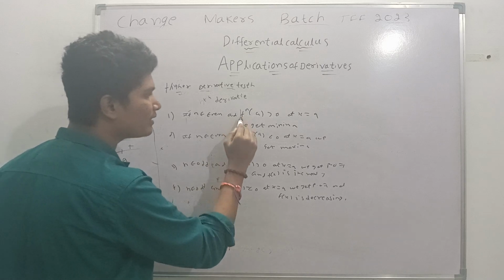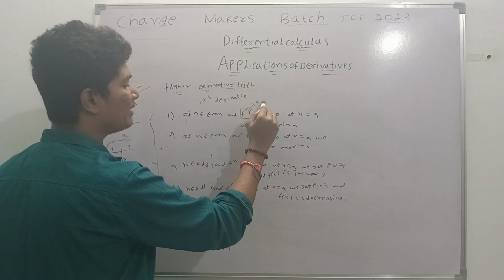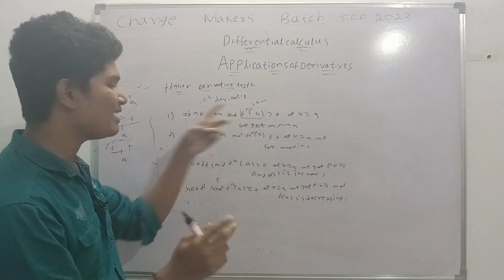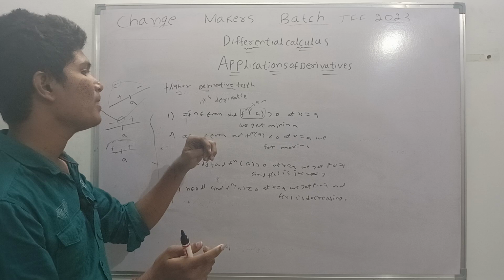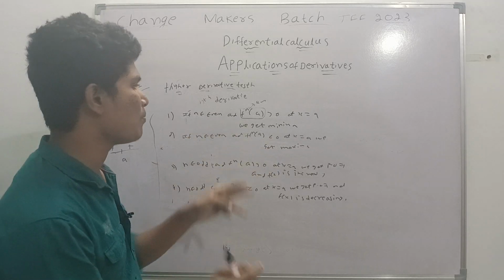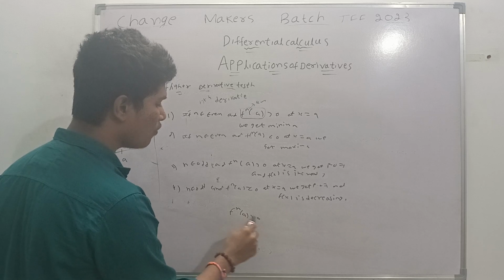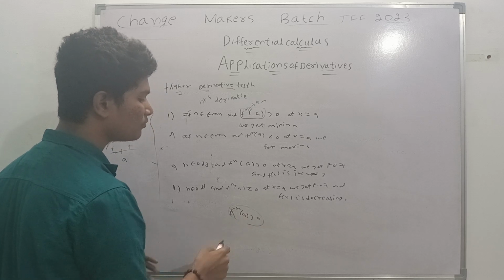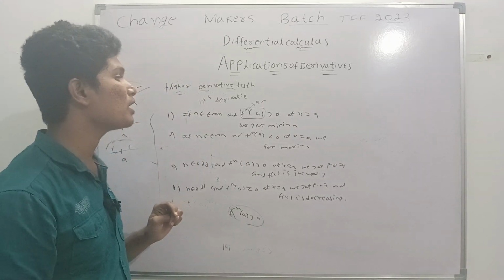If we do the nth derivative test, suppose n is even, there are two cases here. If n is even, two cases, and n is odd, two cases. For n is even, we get minima and maxima points. Suppose f of n of a greater than 0, we get minima here. But in the second order derivative test, what did we get?